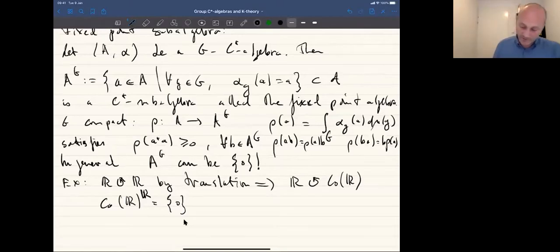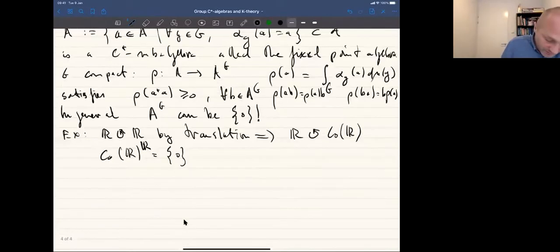But I'm going to define a covariant representation.